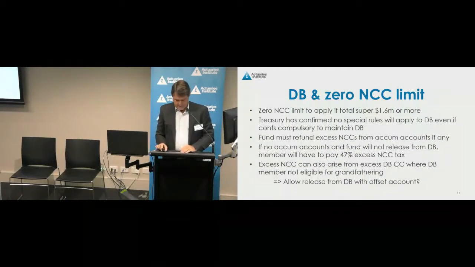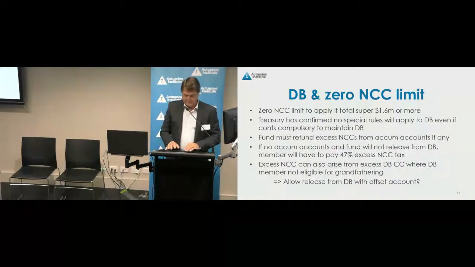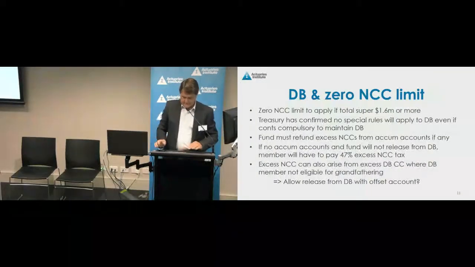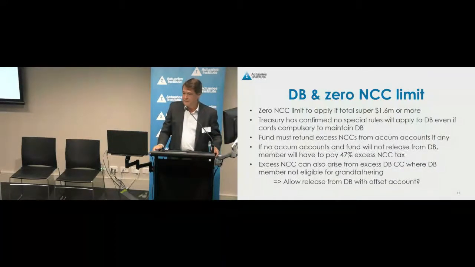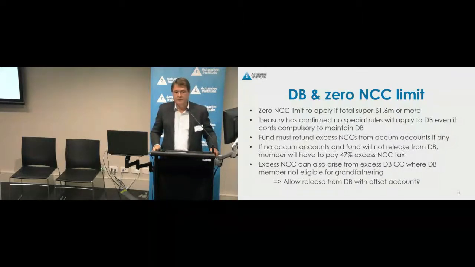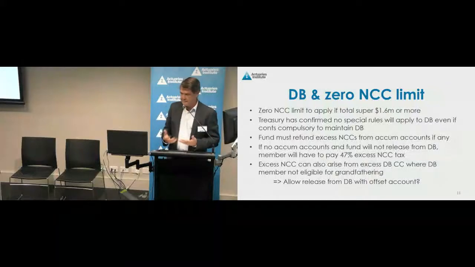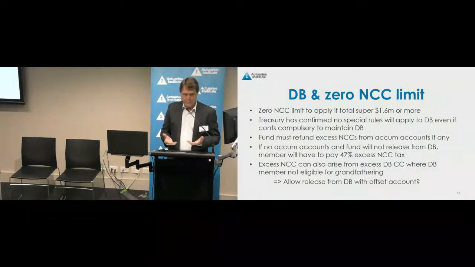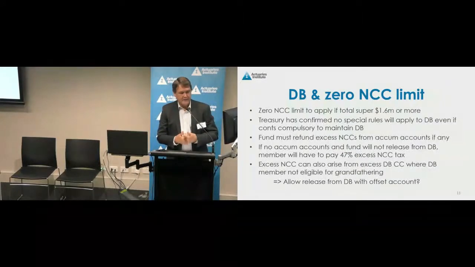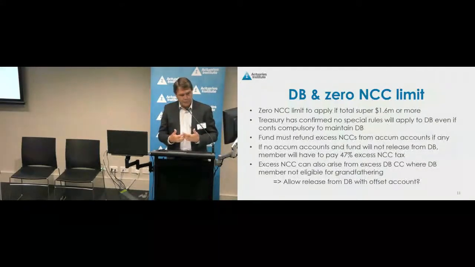Okay, another byproduct of these new changes is that, as just mentioned, if you're over 1.6 million, you're not allowed to put in any more non-concessional contributions. What if your benefit design requires the member to put in a fixed contribution after tax, and they've already accumulated a benefit towards their retirement that's worth more than 1.6?